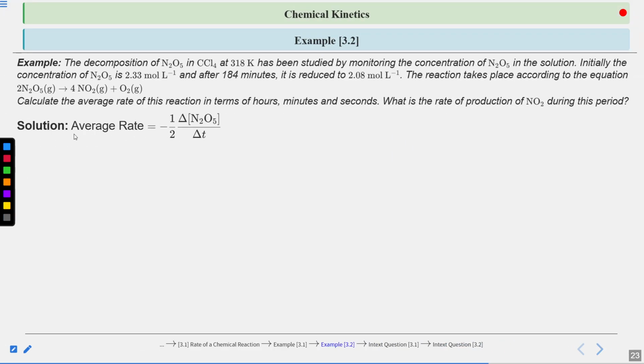First of all, you should know that for the given reaction, the average rate is defined as minus half change in the concentration of the reactant, that is N2O5, divided by the change in the time interval.